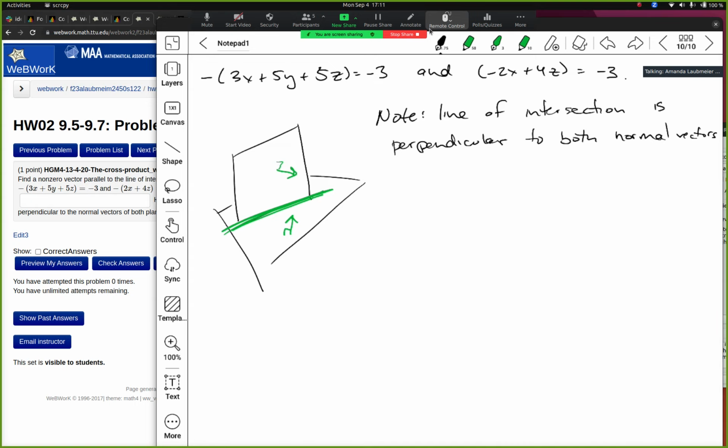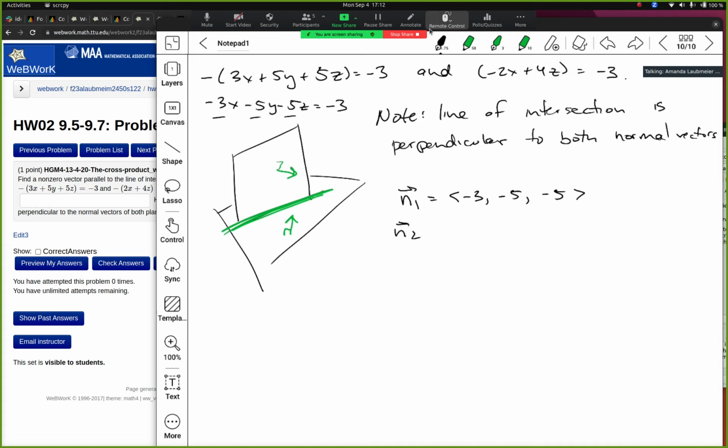And then I can read the normal vectors off my plane equations. If I distribute this minus sign, I've got minus 3x minus 5y minus 5z is equal to minus 3. And for the second one, I don't have to distribute anything. So for the first plane, my normal vector is going to be minus 3, minus 5, minus 5.